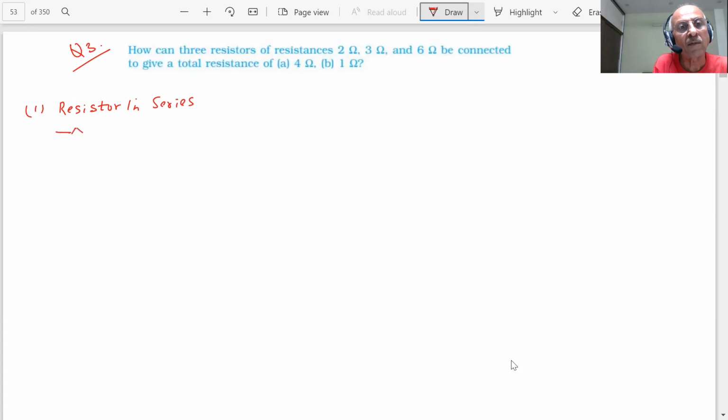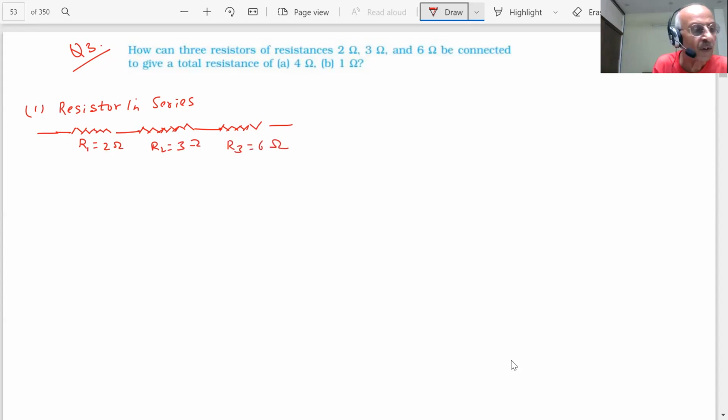Supposing you have 1, 2, 3 connected in series. Supposing I connect R1 2 ohms, R2 3 ohms, R3 6 ohms in series.